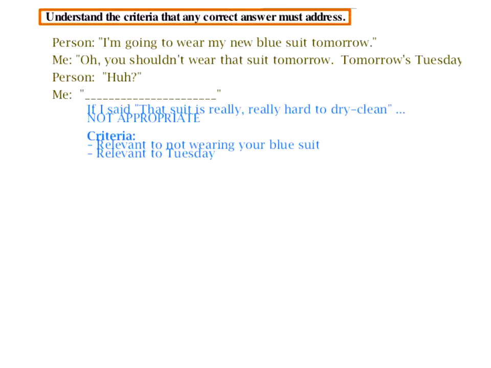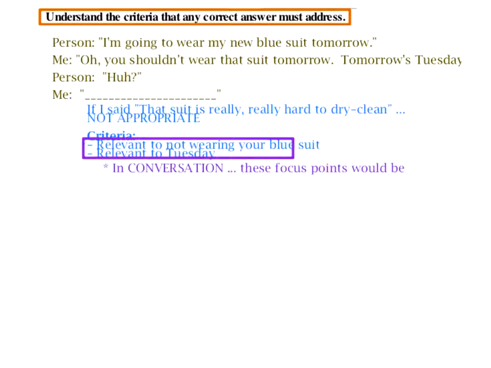You would just immediately understand exactly what sort of box your answer had to fit into, because you are a human being who has conversations with other people, and that's just how it works. So in a conversation, these focus points would be obvious and immediate.